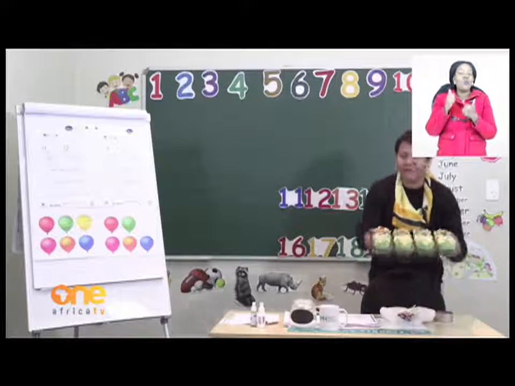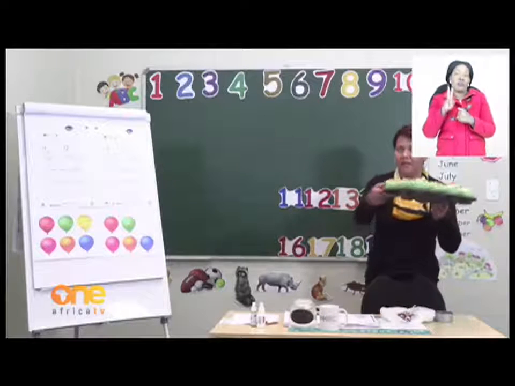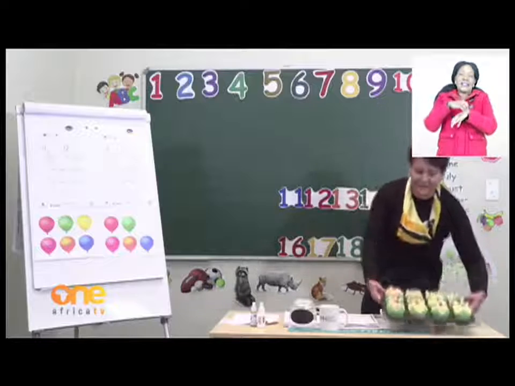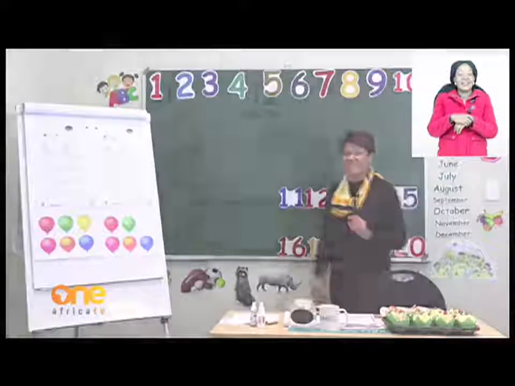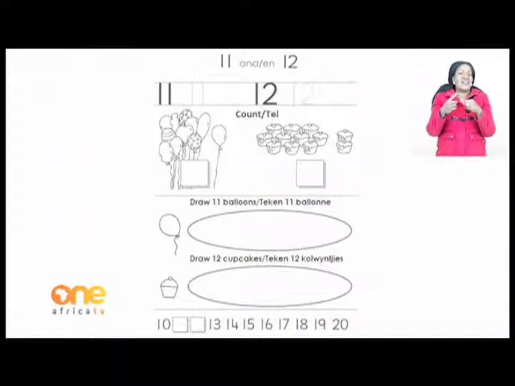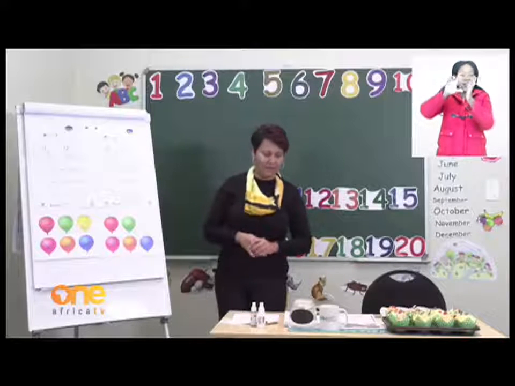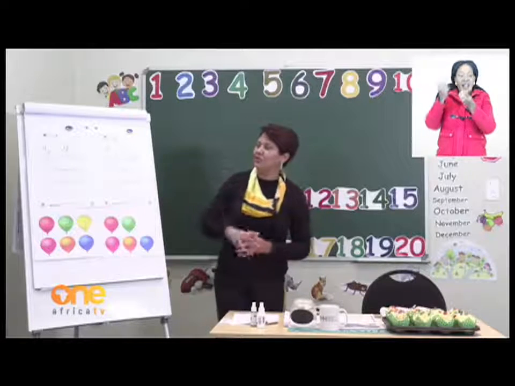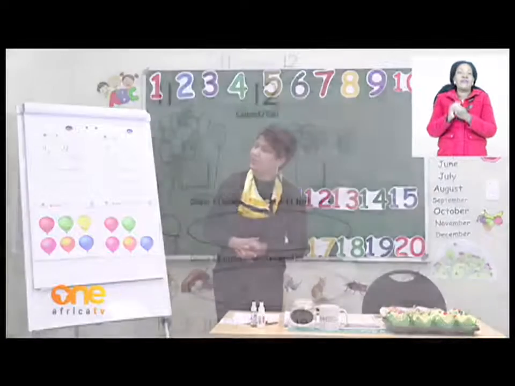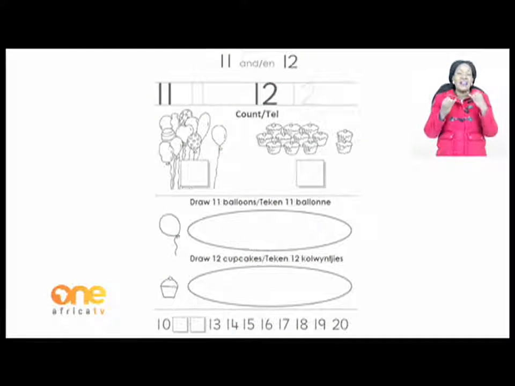Wow, there are 12 cupcakes in a cupcake pan. 12 cakes. What other thing do we know that also has 12? If you look around, you might find it. I think a clock. A clock also has the number 12 on it. Make sure you fill in number 12 and enjoy your exercise on page 5.